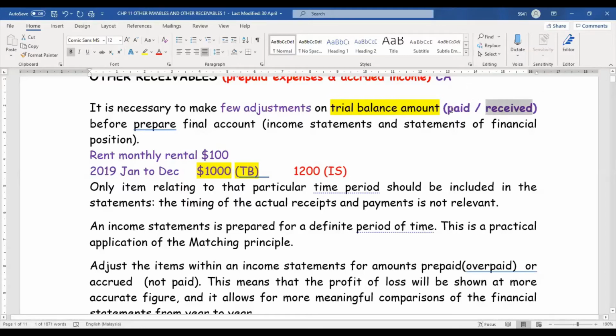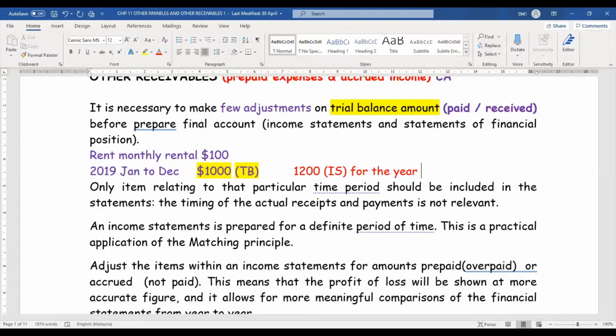But in an income statement, we supposed to write how much for the year. That's why the title is income statement for the year ended, and then we write the date.